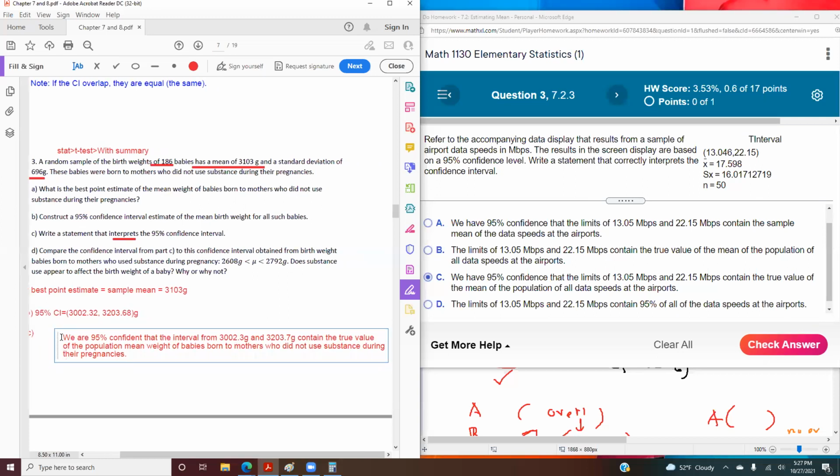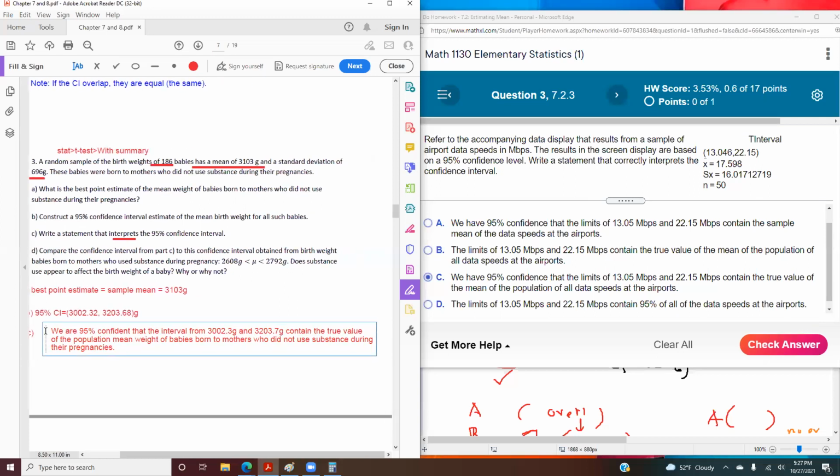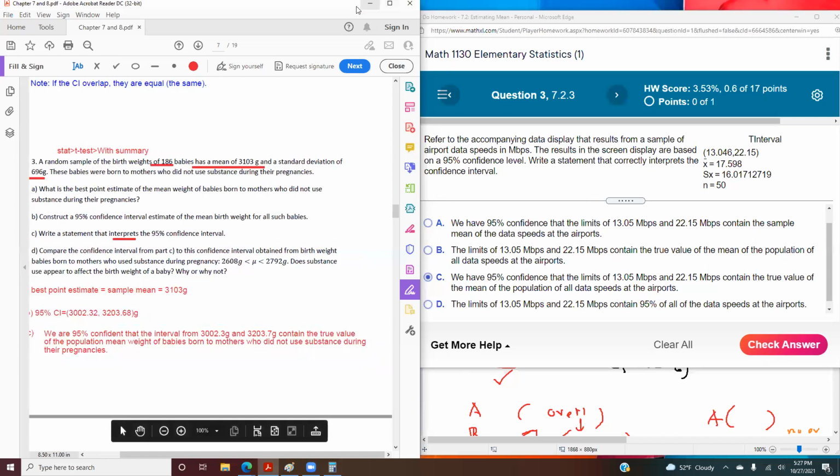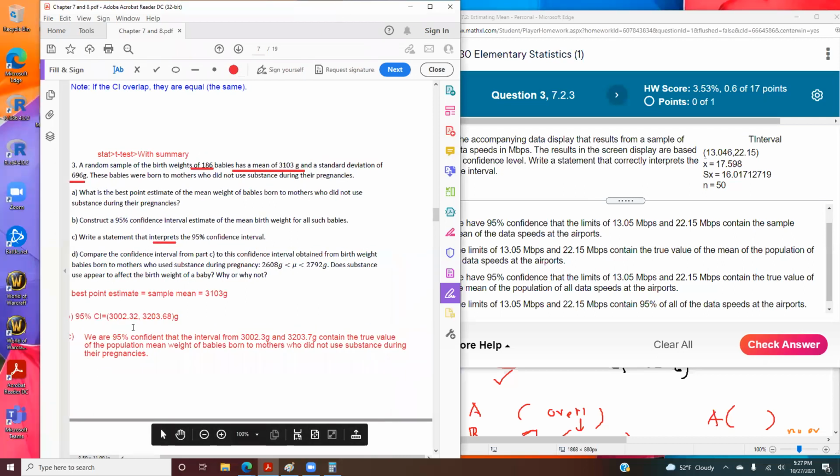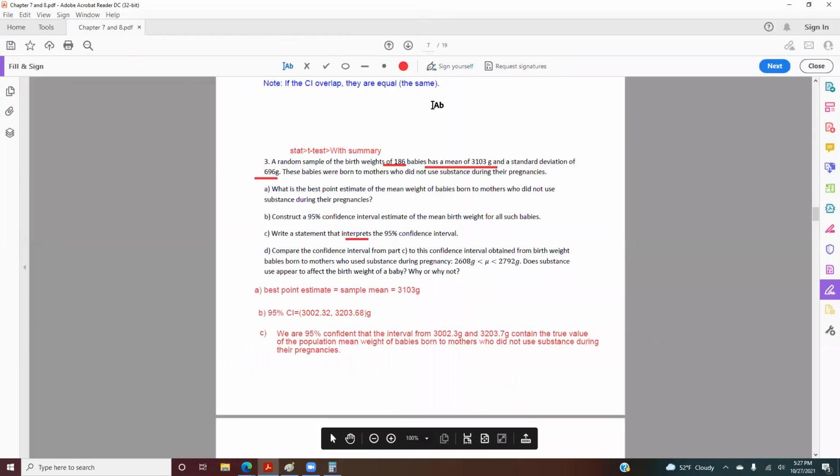This is how we interpret this. It's a long interpretation. Again, the keywords: confident, true value, population, mean.